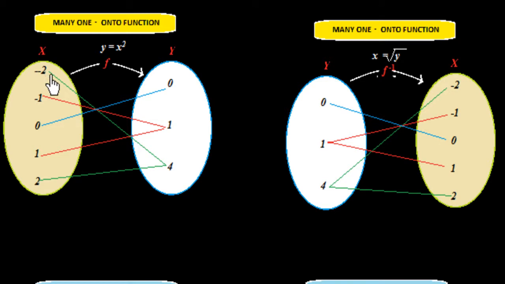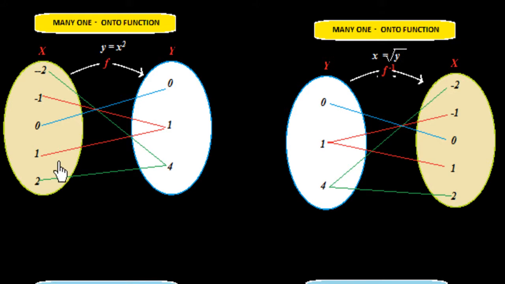So minus 2 is associated with the unique element 4, 2 is also associated with 4, minus 1 with 1, and 1 is also associated with 1, and 0 with 0. So each and every element of set x is associated with an element in set y. It is many-one because two elements of set A are associated with a unique element of set y. So it is a many-one function.